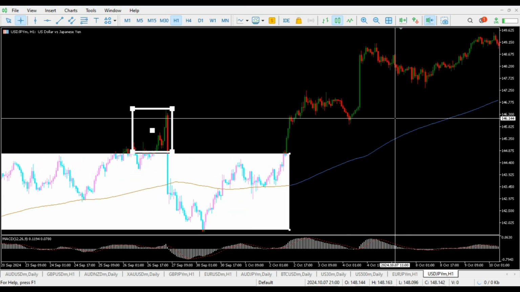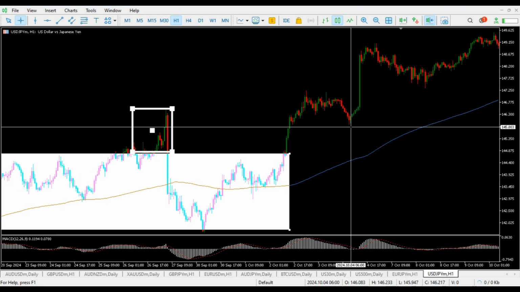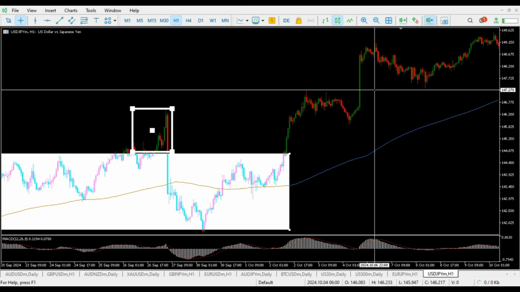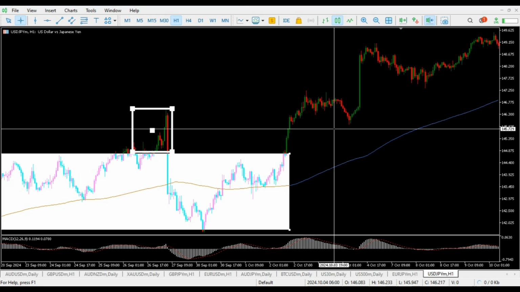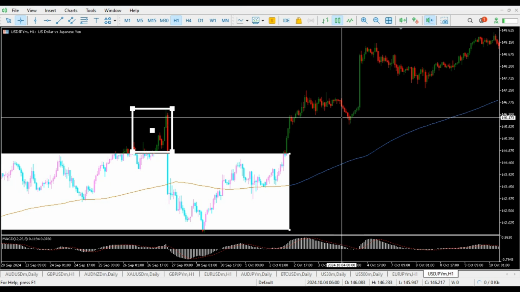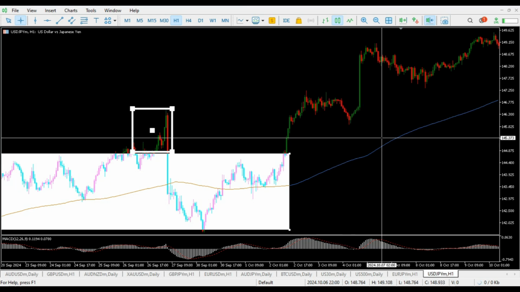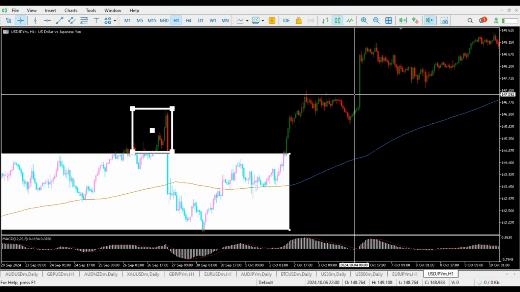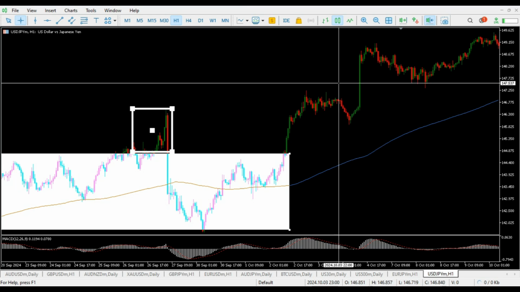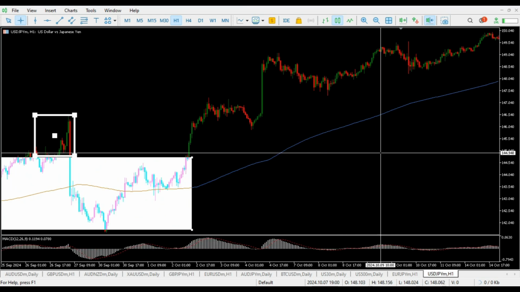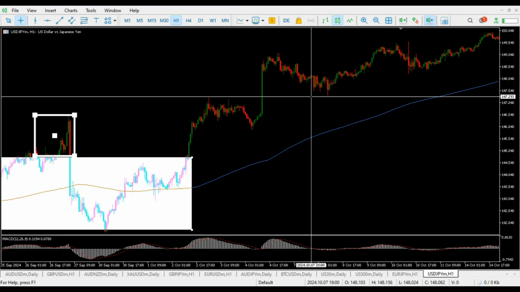We had to wait for a confluence, for a correct pullback. This pullback here was good, but we needed to wait for the system. You had to wait for the market to give us a clear signal to increase the win rate of the system, to make sure we trade directly with the strategy, to be very systematic.